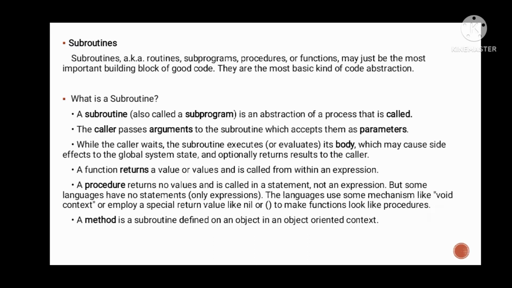A procedure returns no values and is called in a statement, not an expression, but some languages have no statements, only expressions. These languages use some mechanism like void context or employ a special return value like nil or parentheses to make a function look like a procedure. A method is a subroutine defined on an object in an object-oriented context.